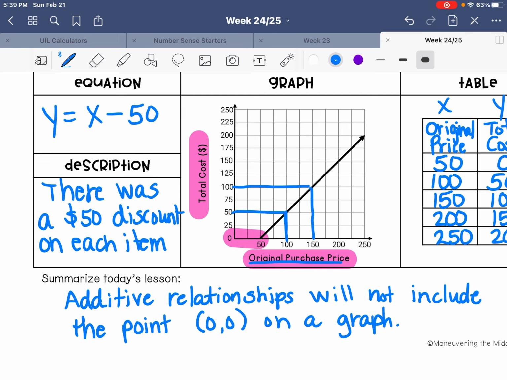Okay, if there's a 0, 0 in there, that is not an additive relationship.